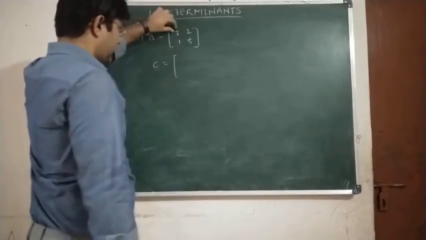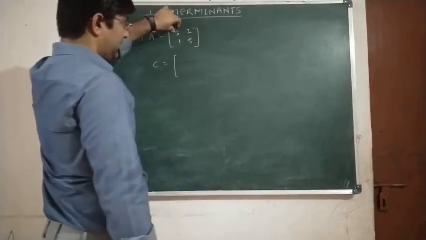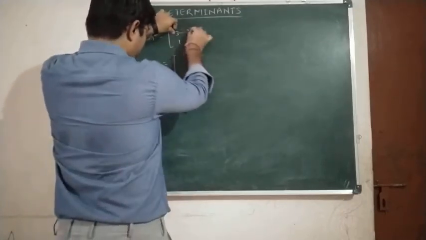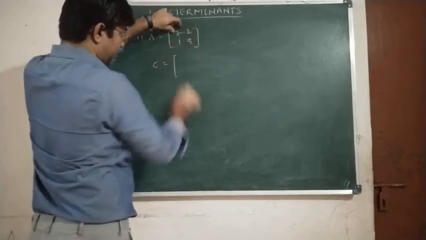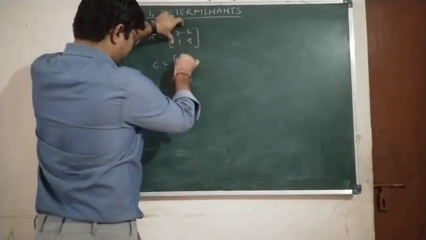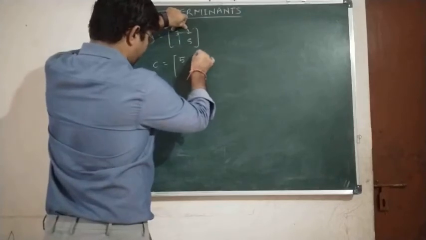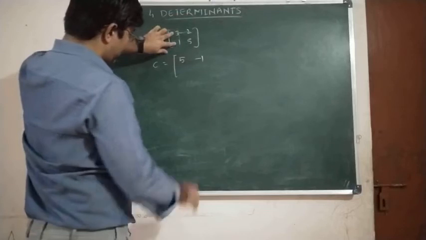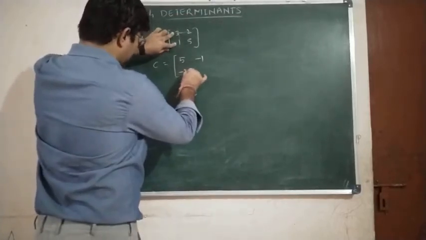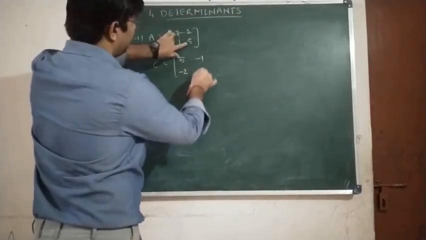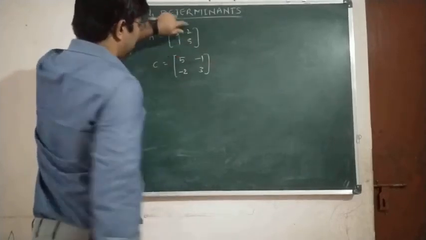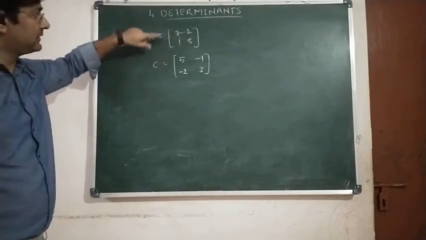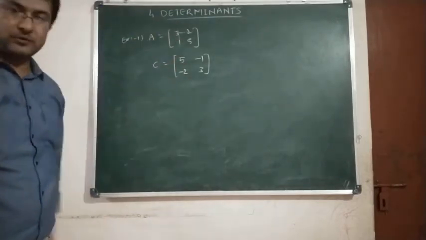The sign convention will be plus minus minus plus only. So cofactor of 3 will be obtained by deleting first row and first column, so 5. Then cofactor of 2 will be minus 1, we have to change the sign. Similarly, cofactor of 1 will be minus 2 and cofactor of 5 will be 3. So this is the matrix in which each element is replaced by its cofactor.